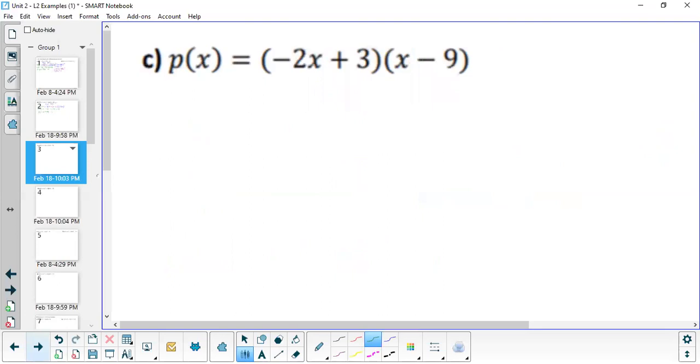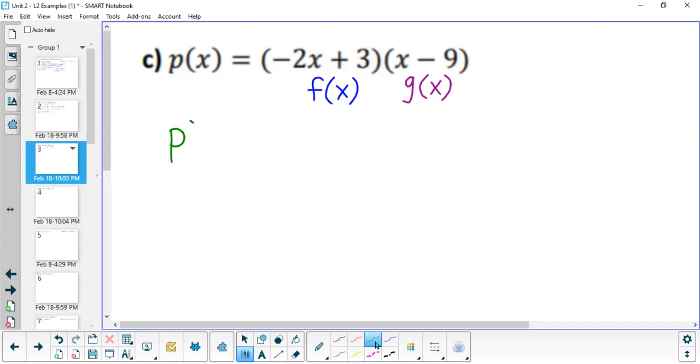This is our next function, p of x. Now, again, in blue, I'm going to represent the first function. In purple, the second function. Bear with me here, the difficulty is going to change momentarily.